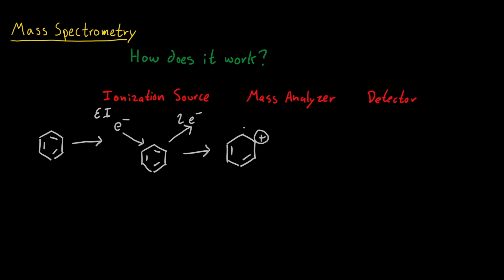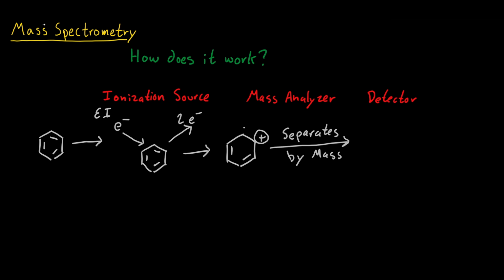And then this enters our mass analyzer. What the mass analyzer does is it separates molecules by mass. And then the detector takes those separated masses and reads them onto our computer.